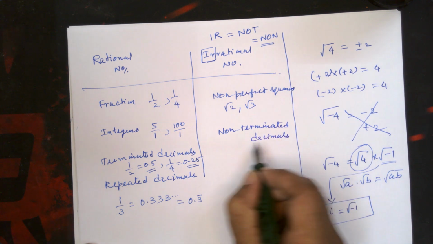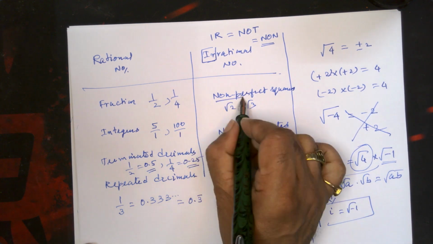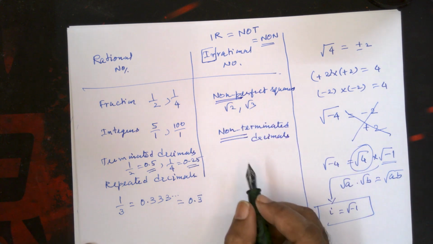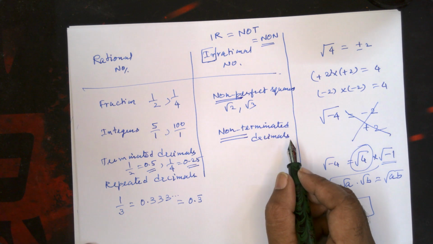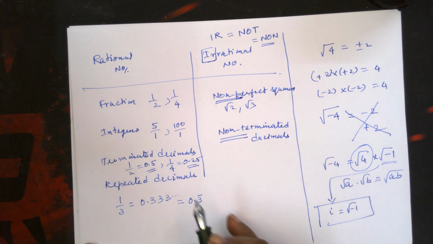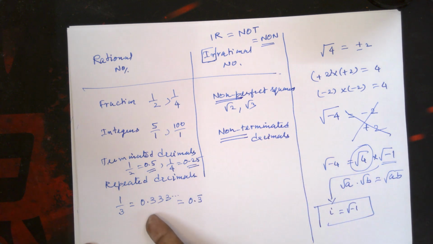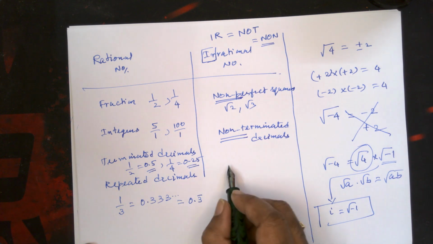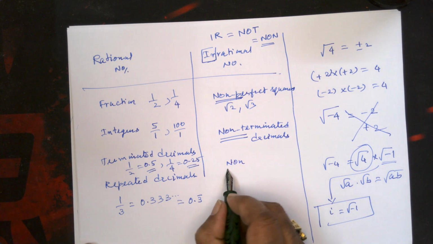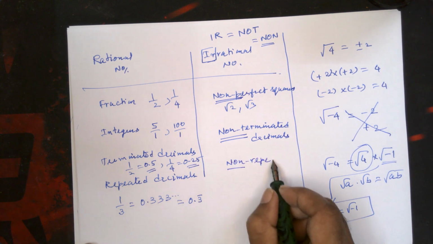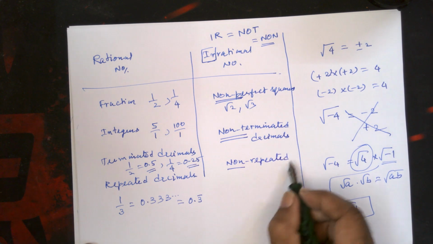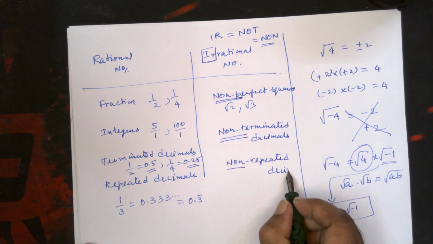Are you able to follow? Non-terminated, non-perfect. And the third one is, it is non-terminated, and not only that, it is non-repeated. There is no repetition. There is no pattern of repetition. So this is non-repeated decimals. Are you able to follow? I hope now it is very clear.